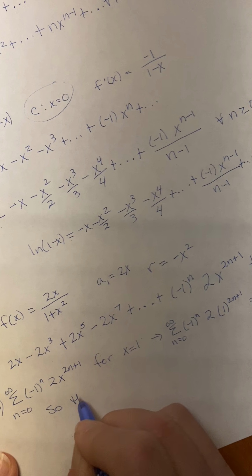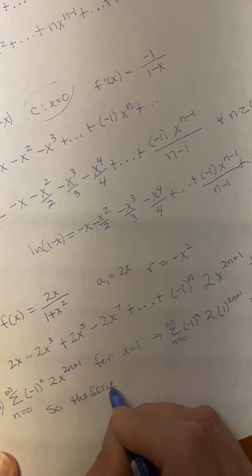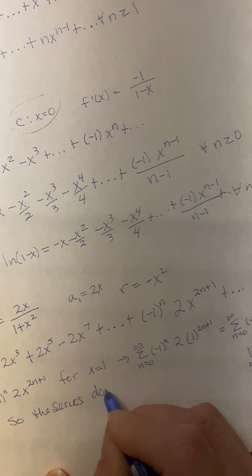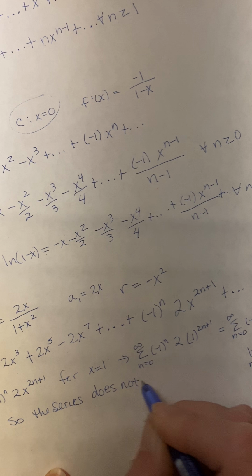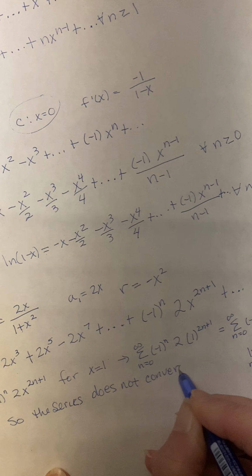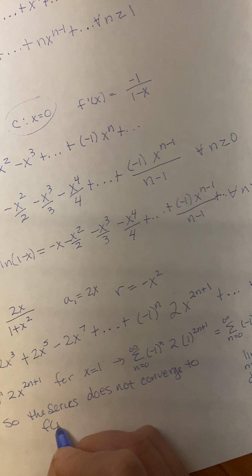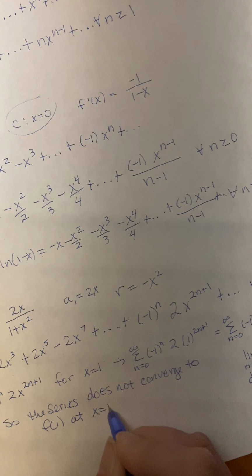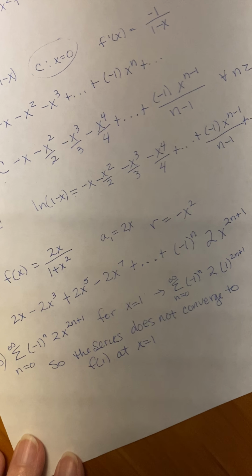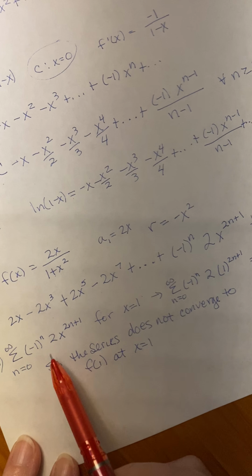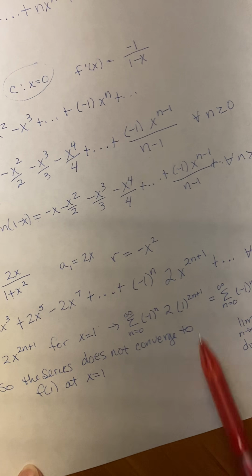So the series does not converge to f of 1 at x equals 1. Sorry, we had to come to our conclusion. So that's one way we can come to that conclusion. We let x be a 1, and we saw that this diverged because the limit wasn't 0. It was alternating. We tested the limit. It wasn't 0. Diverged by the nth term test.